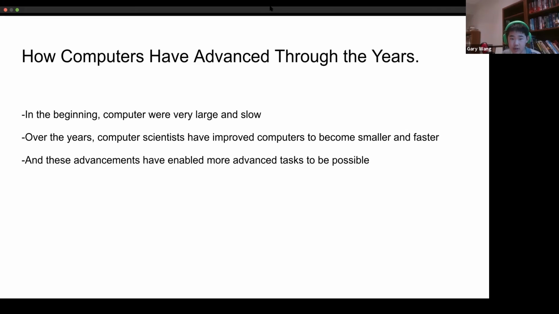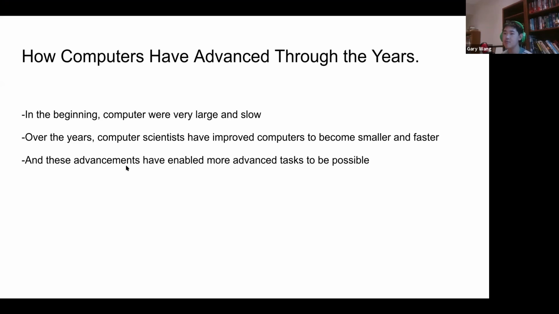And over the years, computer scientists, people who research computers, have improved computers to become smaller. So we can see laptops, little keyboards.